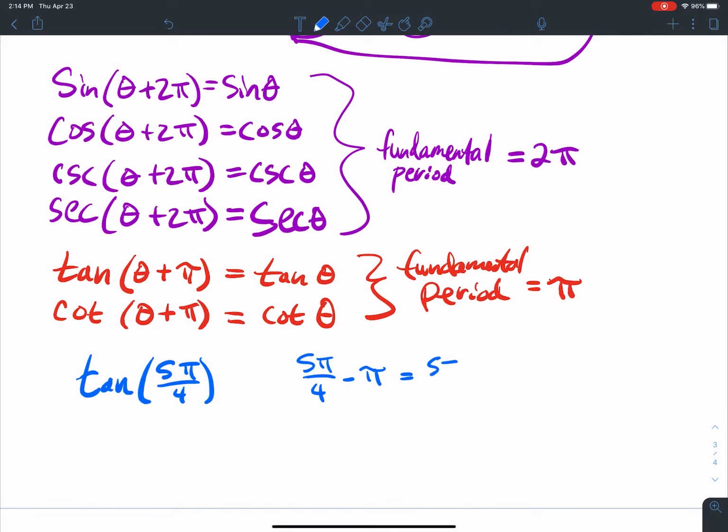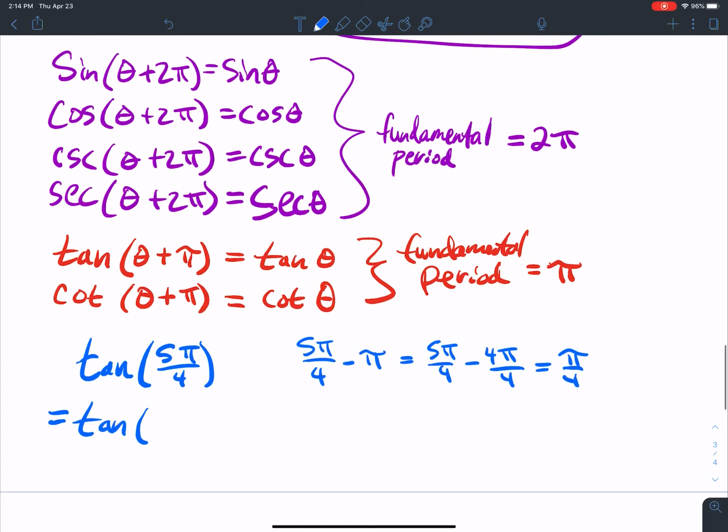I get 5 pi over 4 minus 4 pi over 4, which is pi over 4. So I can rewrite this as the tangent of pi over 4 plus pi. So what does that tell me? Since my fundamental period is pi, this is equal to the tangent of pi over 4.